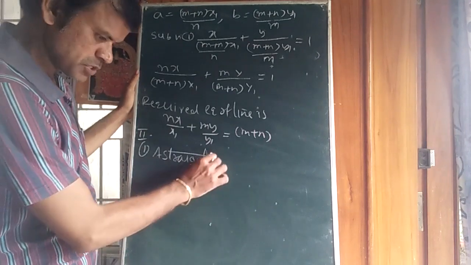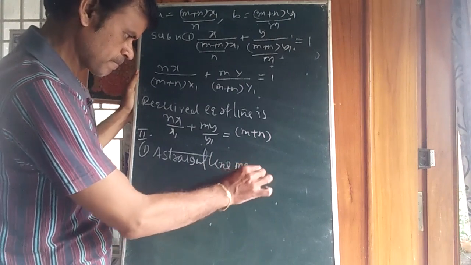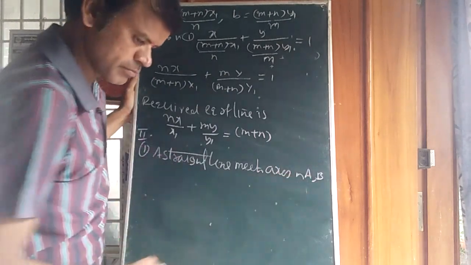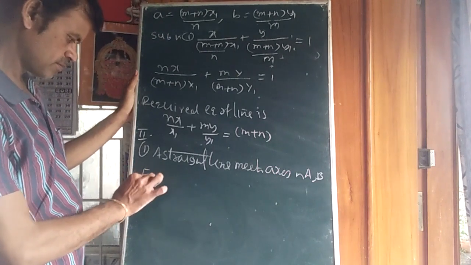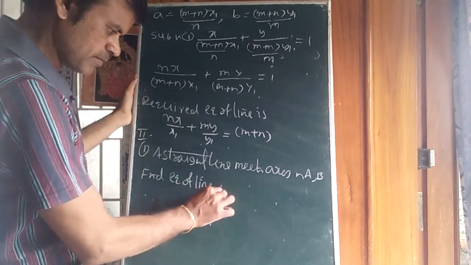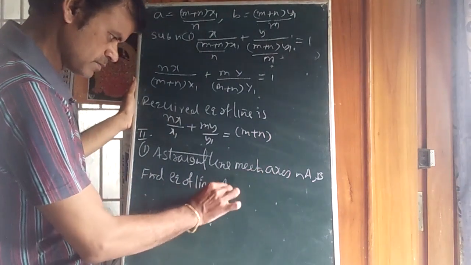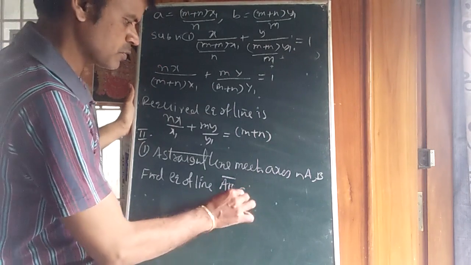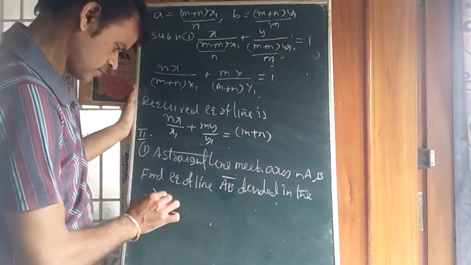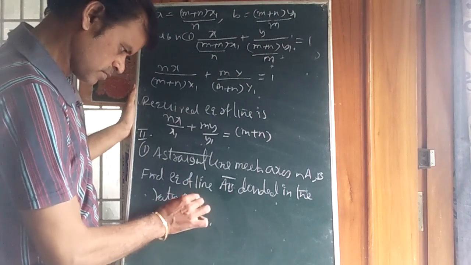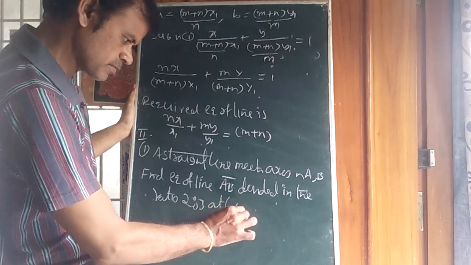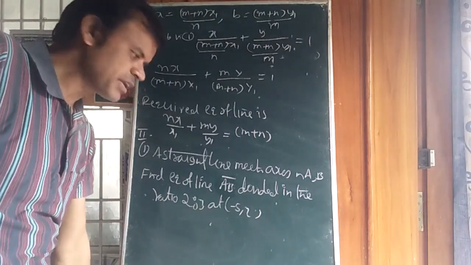First one I am discussing: a straight line meets the coordinate axes at capital A, comma capital B. Find the equation of line AB divided in the ratio 2:3 at minus 5 comma 2.